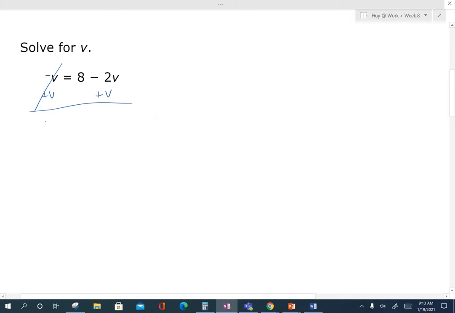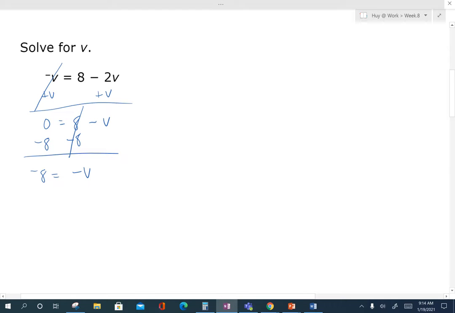But if I do that, then I get 0 here, right? Negative v plus v is 0 equals 8. And then negative 2v plus v is a negative 1v. And then I get this weird thing, which you could definitely solve, because 0, you can think of it as a constant. So then we can move the 8 to the other side by subtracting it, so that they cancel out, and then negative 8 equals negative v.